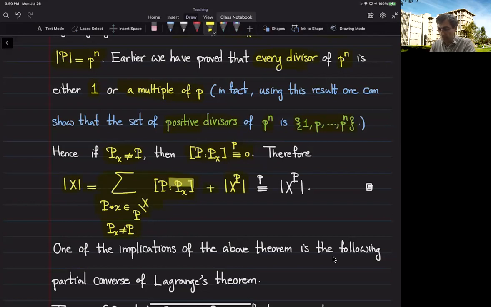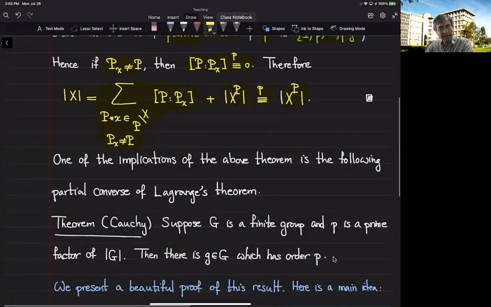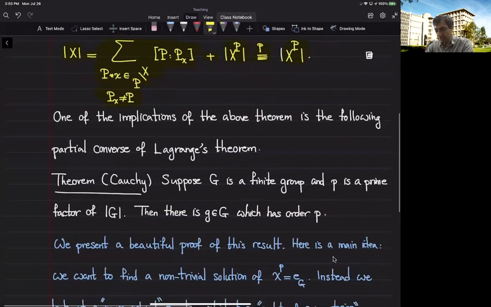So these terms mod p are 0, so we get only this term, and that completes the proof of this theorem. Okay, now let's see how this theorem can help us.